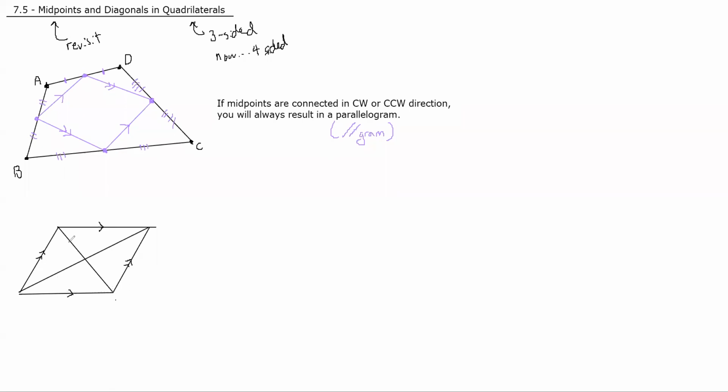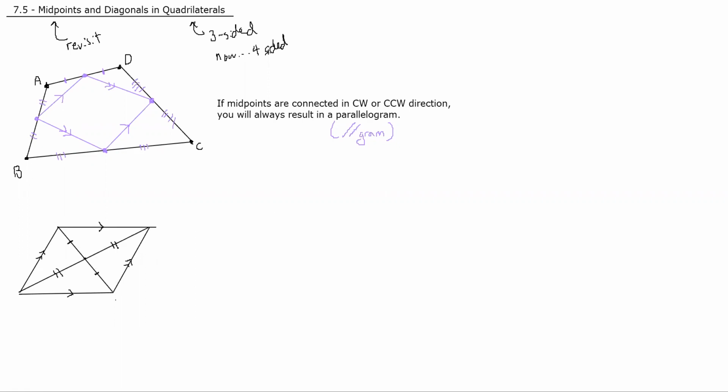From the midpoint, this line segment and the other line segment are equal. The diagonal here cut that line perfectly in half. In the same way, the line segment to the middle and the line segment to the middle, these two are equal. The other diagonal cut that line perfectly in half.